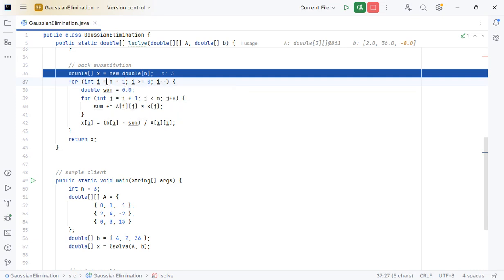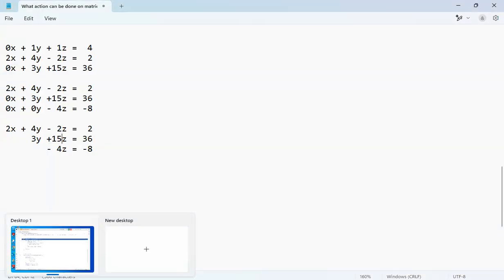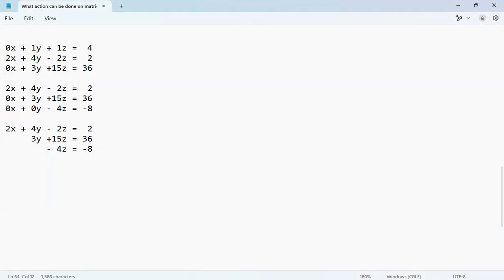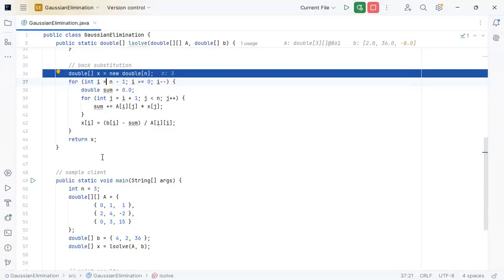You see, you are taking the last but one, it is 3, but you will take from 2 to 0, because you need to go the other way around, not from x to z, but from z to x, because firstly you calculate z, then you calculate y, and then you calculate x. So now you are going the other way around, and first of all you have sum equal to 0. This is a special kind of thing.